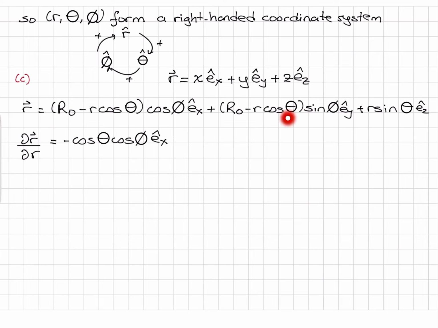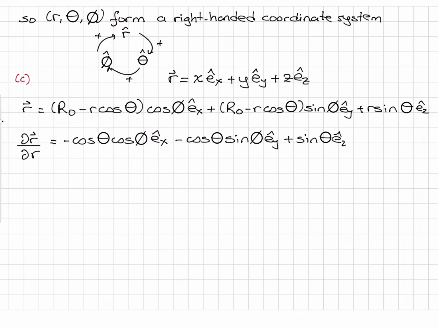This derivative will give me minus cosine theta sine phi in the e_y hat direction. And the last one will give me sine theta in the e_z hat direction.